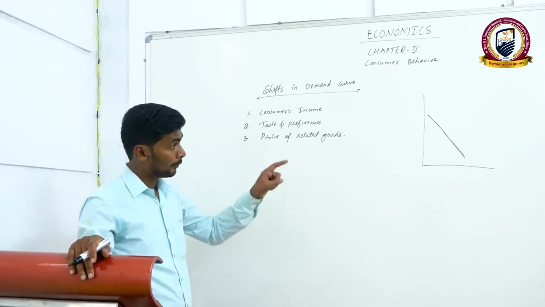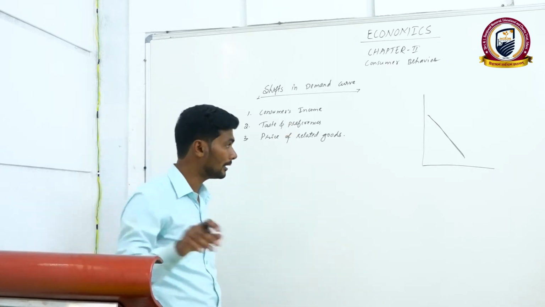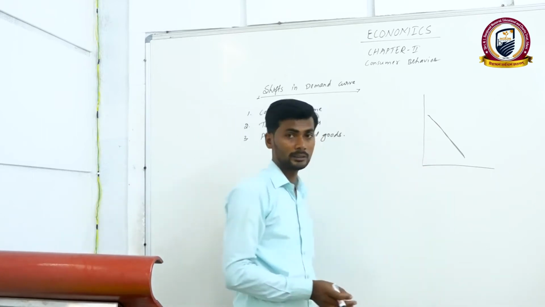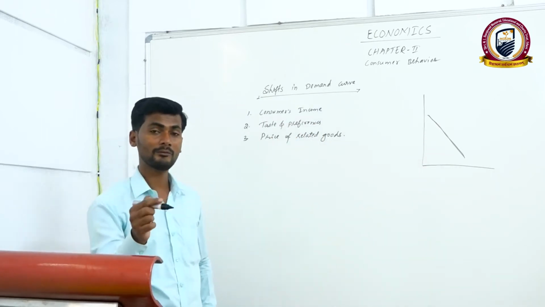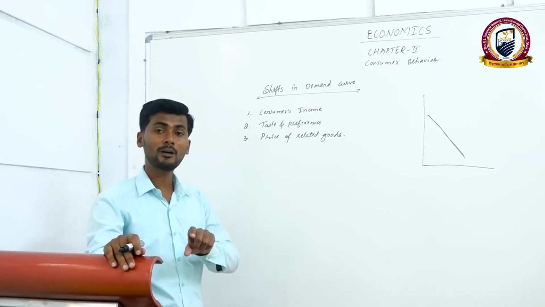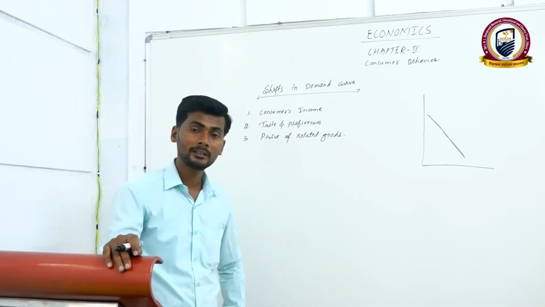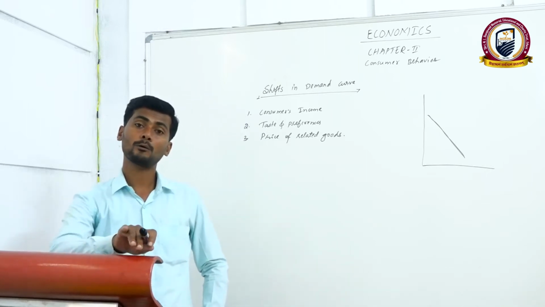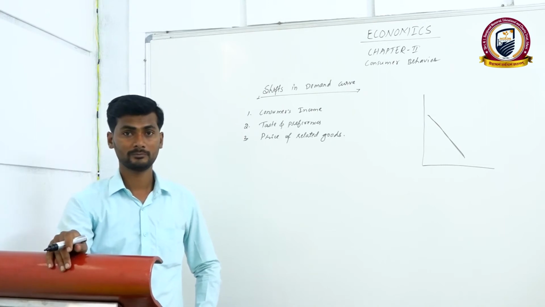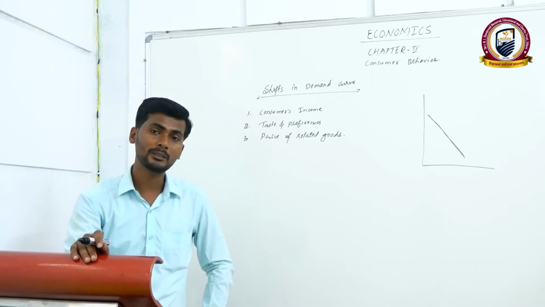Then on what basis is the demand curve drawn? The demand curve is drawn on the assumption that other things are constant. While analyzing the law of demand, I mentioned that other things are constant. Then only will the law of demand hold true; otherwise, it will not.